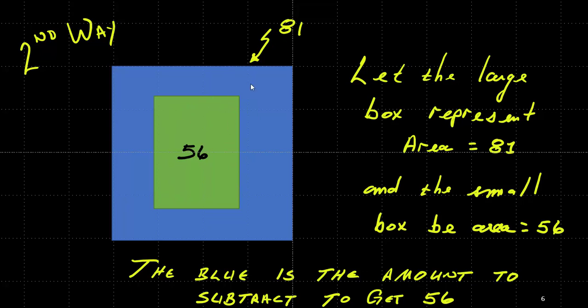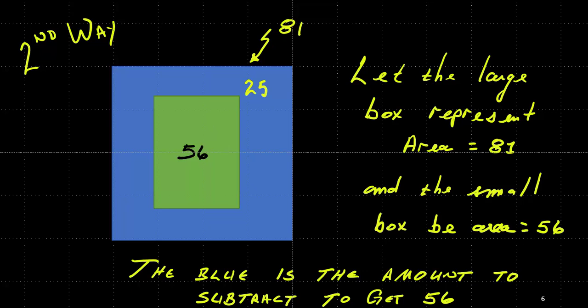This just represents the fact that this blue area here represents the amount of area that we have to subtract to take this large square down to this rectangle. And just like on the previous slide, that number is 25. So we have to subtract 25 from 81 to get that 56.